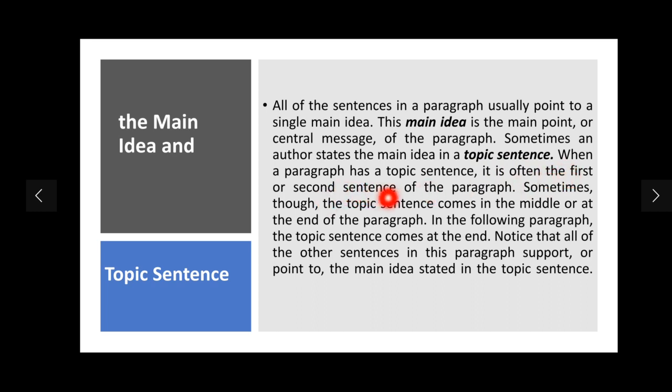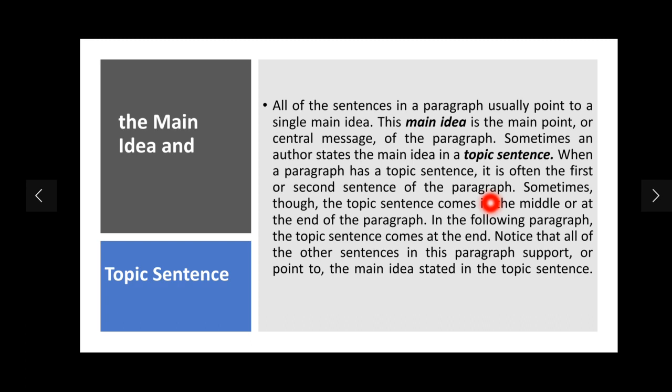When a paragraph has a topic sentence, it is often the first or second sentence of the paragraph. If you want to find out the main idea in a paragraph, you have to focus on the first or second sentence. In the first or second sentence, the main idea is usually given.